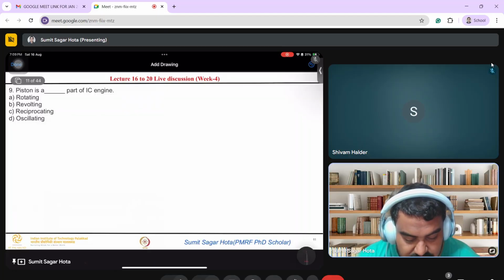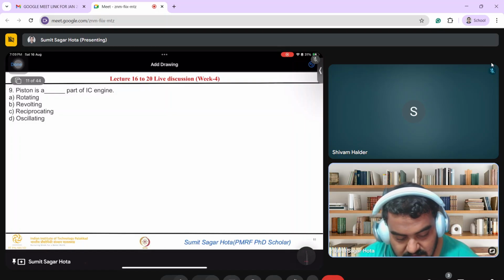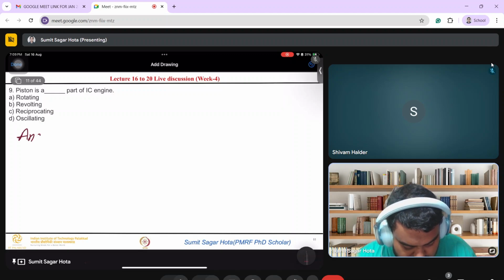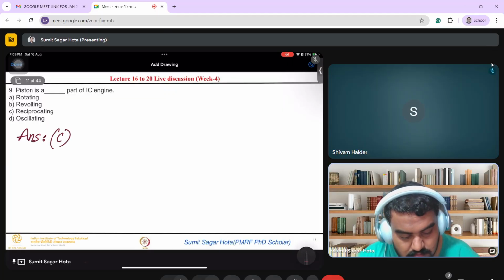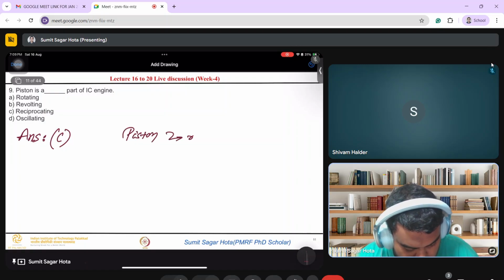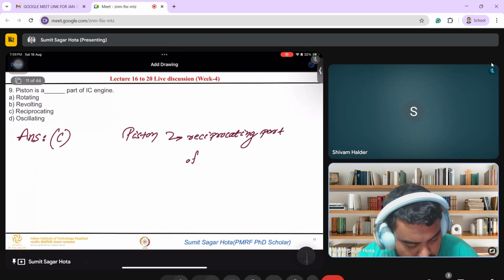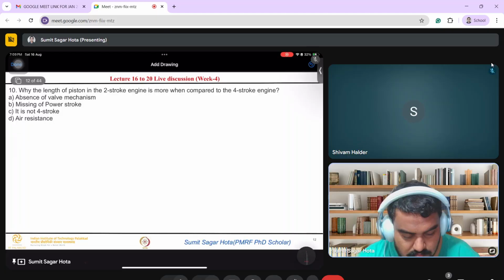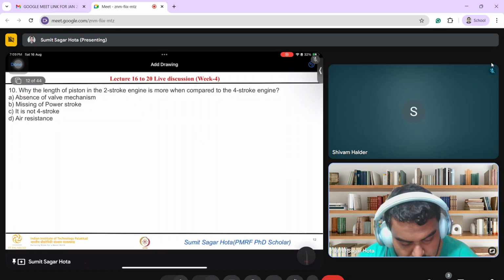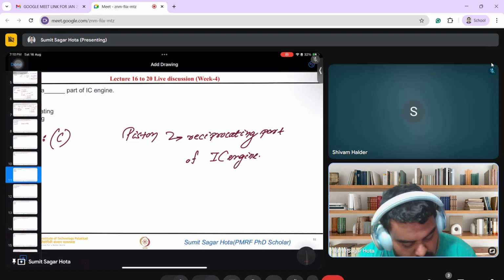Piston is a dash part of the IC engine. The piston is always a reciprocating part of the IC engine. What else does the piston do?